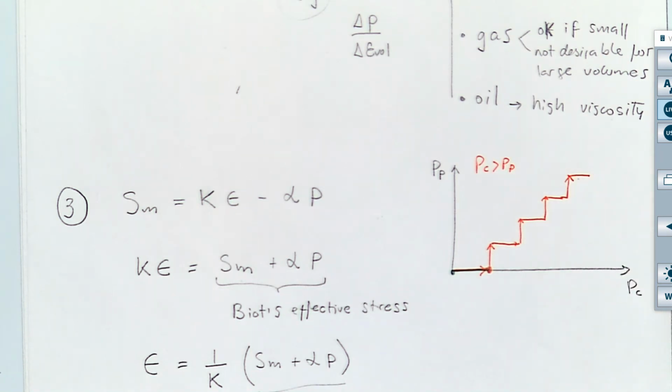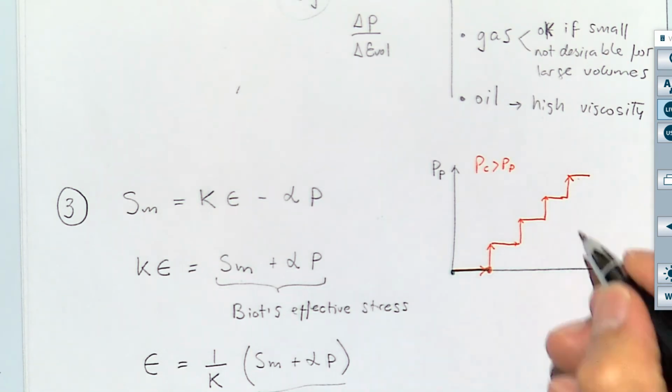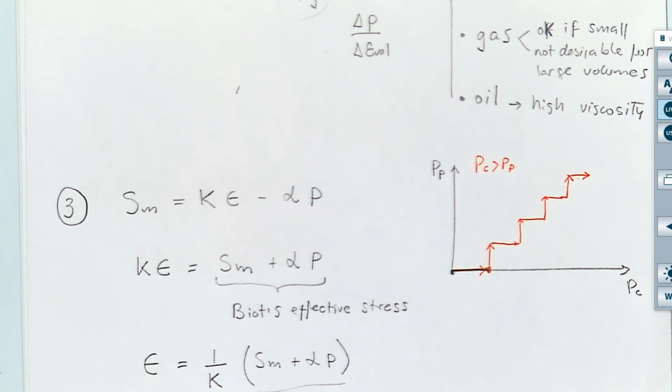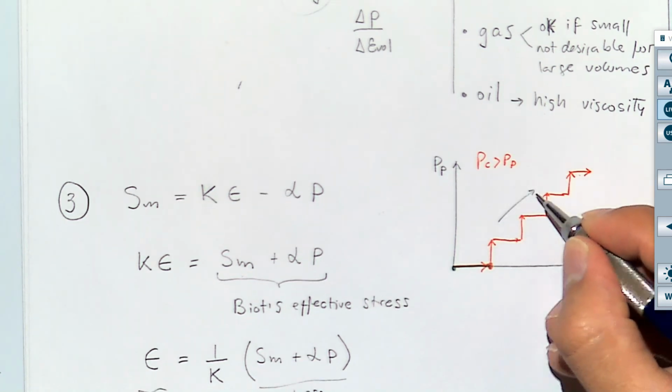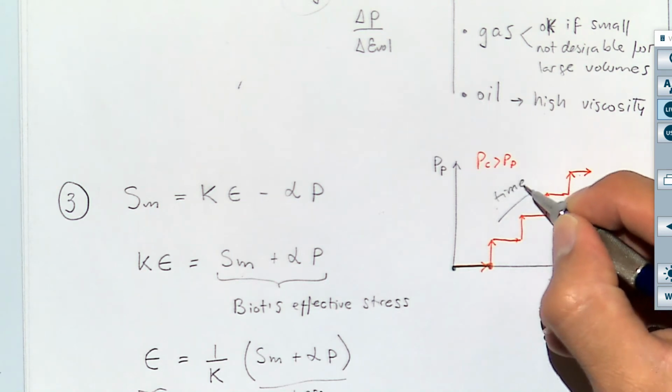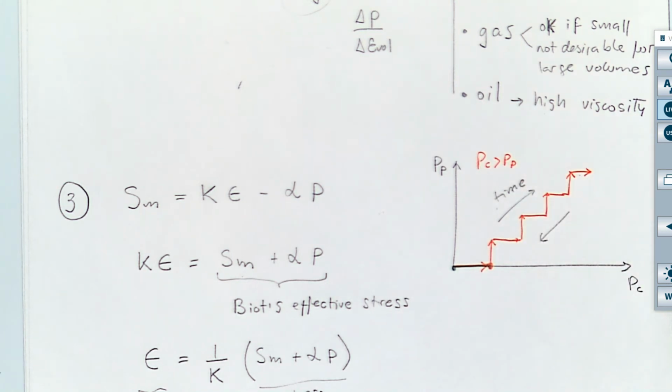Usually when I do this, I do like 4 cycles more or less. And then you can go all the way back, right? So this is with time, and also you can go back. But you will do these alternating cycles of pore pressure and confining pressure.